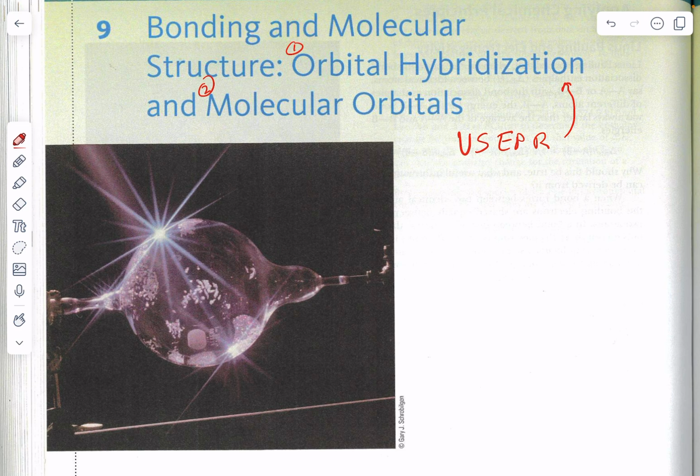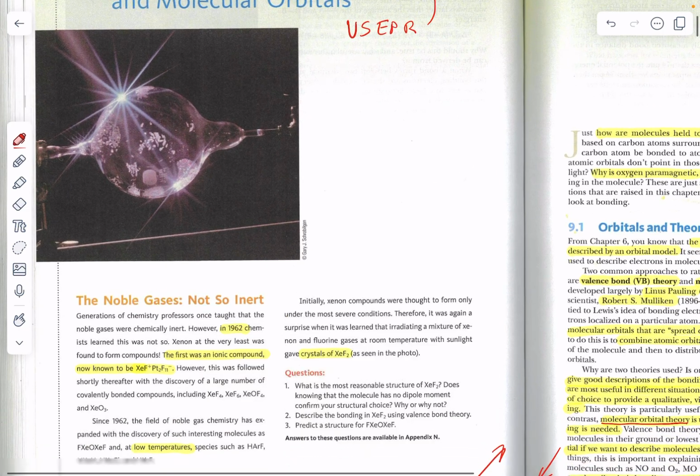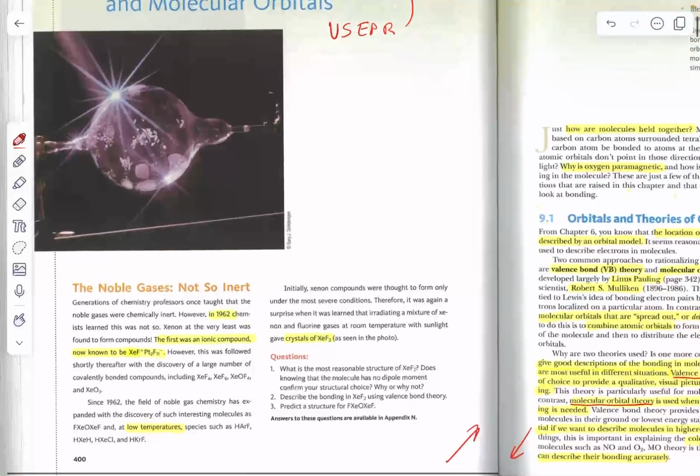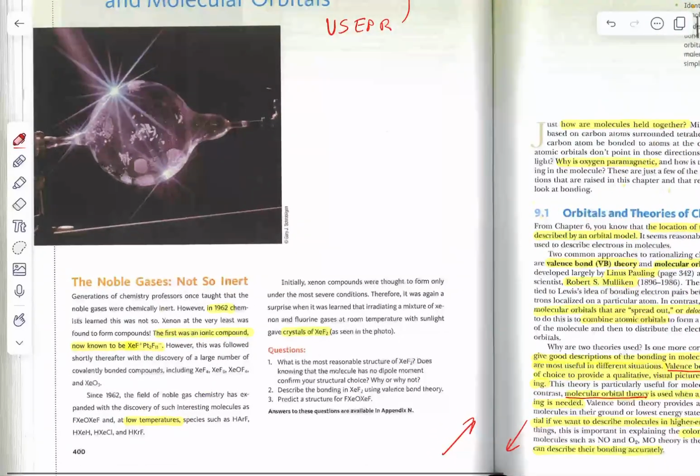Now in this picture, you have a complicated molecule that is actually a noble gas forming a compound at just the right temperature and just the right pressure. This was first discovered back in 1962. So the idea that inert gases can actually make compounds has been around for a while.